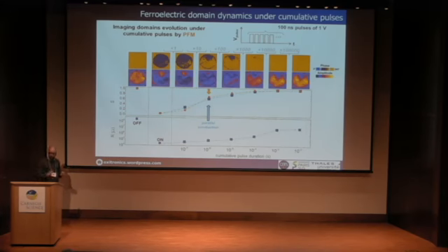So this is to emphasize that even though PFM gives a lot of information on the domain distribution, we can simply do transport measurements to follow the dynamics of ferroelectric domains. And this is much quicker than PFM images.